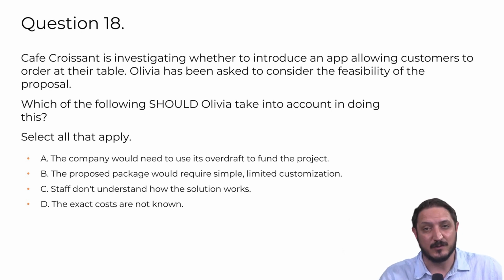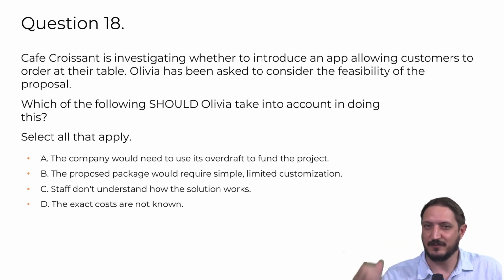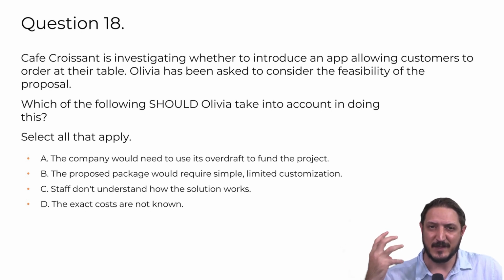What we need to do is look at this from three perspectives: the technical, the business, and the financial feasibility perspectives. We need to look at all these different perspectives and see if the solution can technically fit into the organization. Is it viable?